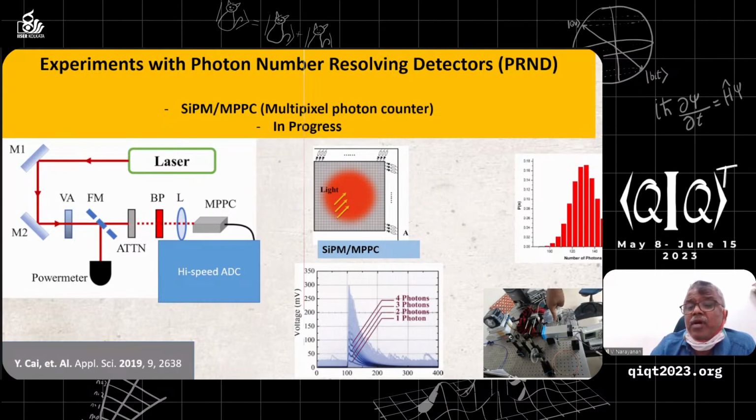So you have two kinds of photon number resolving detector. One is this SiPM or the MPPC, or the other one, which is pretty expensive, which is superconducting nanowires, which is of exorbitant cost. This SiPM or MPPC is basically a construction of multiple pixels of single photon detectors kept in an array.